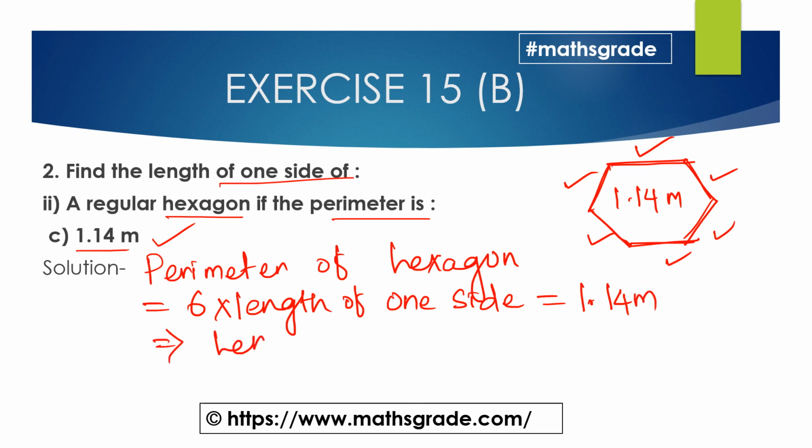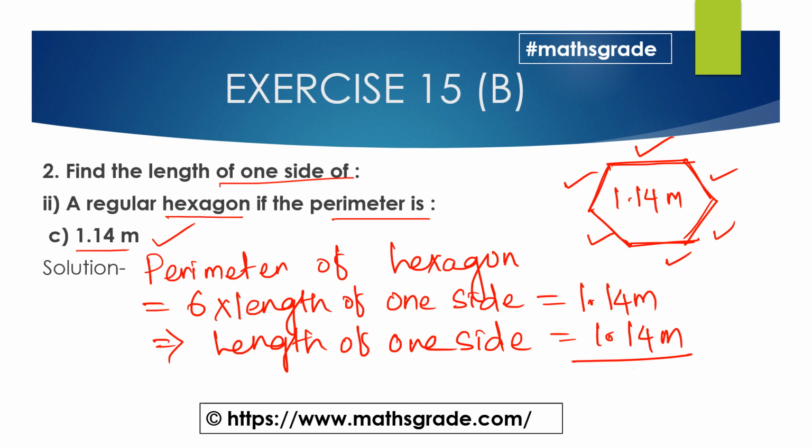So length of one side will be 1.14 meter divided by 6, which is equal to 6 1s are 6, 54, 6 9s are 54, which is equal to 0.19 meter. So the length of one side of the regular hexagon is 0.19 meter.